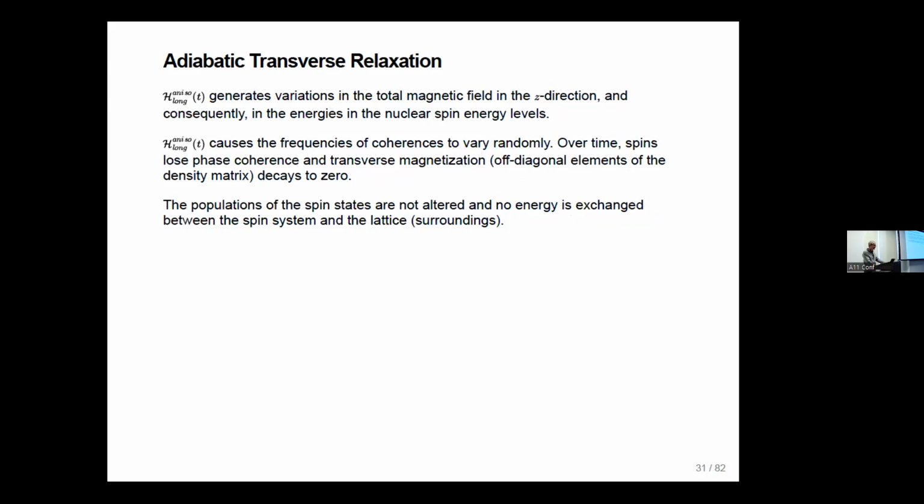The longitudinal fluctuations, as we already saw, change the precession frequencies. So if we have transverse coherences, random fluctuations along the z-axis will stochastically change precession frequencies, and that will eventually lead to dephasing and elimination of macroscopic coherences, and therefore that's what we call T2, the decay of transverse coherences.